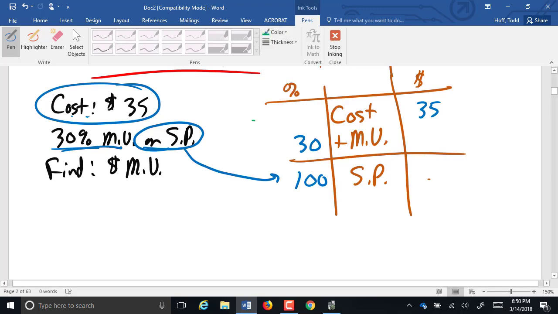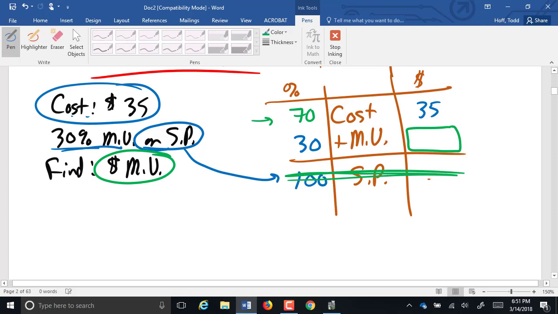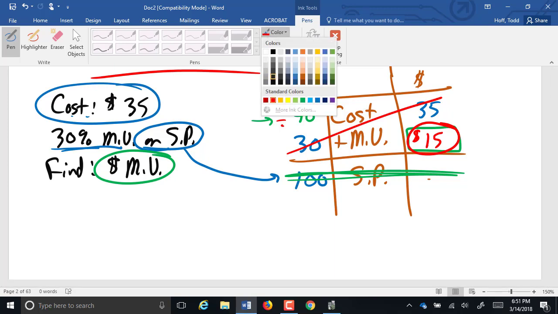We can calculate that the cost percent has to be 70, and we're asked to find the dollar markup. That's this one right here. Bottom row is ignored. 30 times 35 divided by 70 gives us a dollar markup of $15. Any questions there?